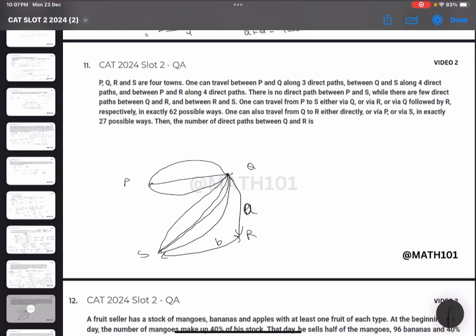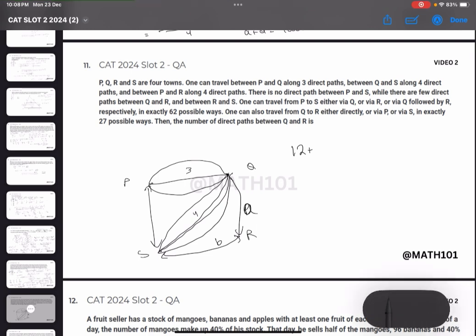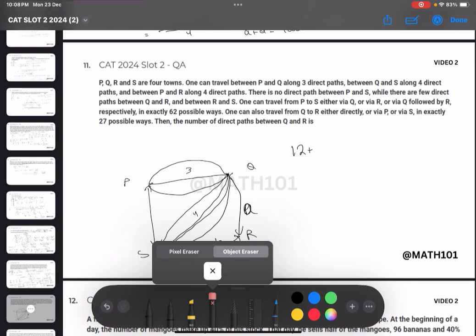So one can travel from P to S either via Q. So P, Q, S, there are 3 into 4, 12 possible paths, plus wait, I missed some information here.